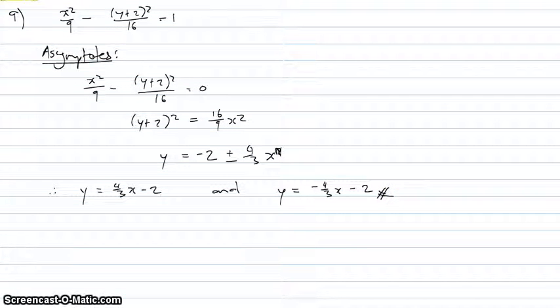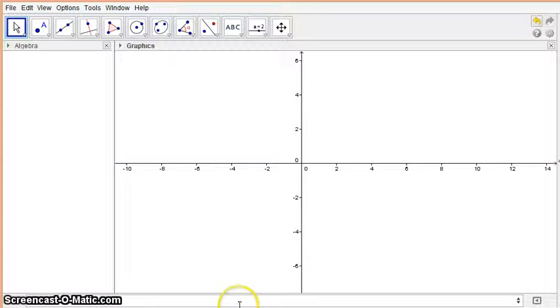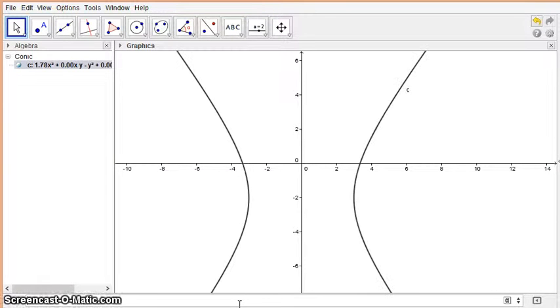Again, our GC can be very useful to us here. I'm going to make use of GeoGebra for this one and just key in the original equation. So it's x squared over 9 minus (y plus 2) squared over 16 is equal to 1. That gives us this curve. May as well key in the coordinates of my vertices. That was (3, minus 2) and (minus 3, minus 2), and my center, which was (0, negative 2).